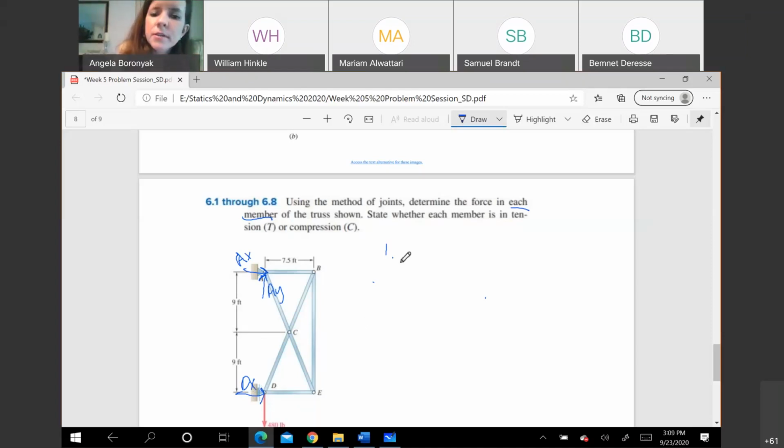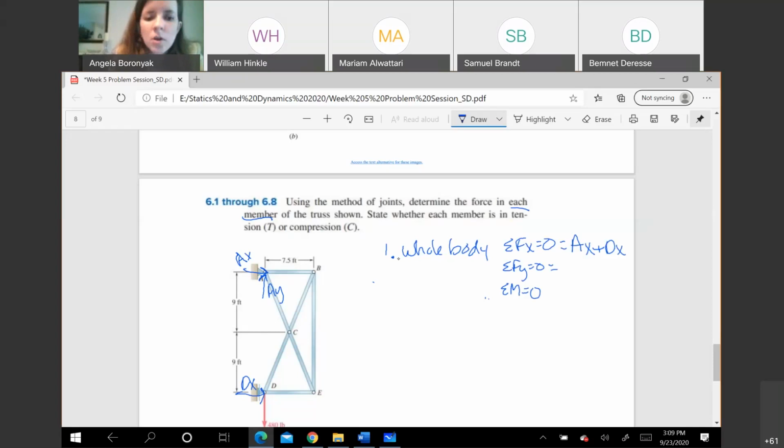So based on this, for the whole body, I have defined arbitrarily positive as to the right, Dx, and they have to sum up to zero.